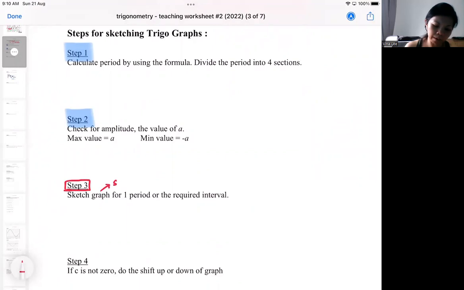Remember to add in the special values. The special values are the ones that will guide you in the shape. Later on, I will show you. So usually I will draw for one period first, and then decide, do I need to have more periods or do I need to have fewer periods?